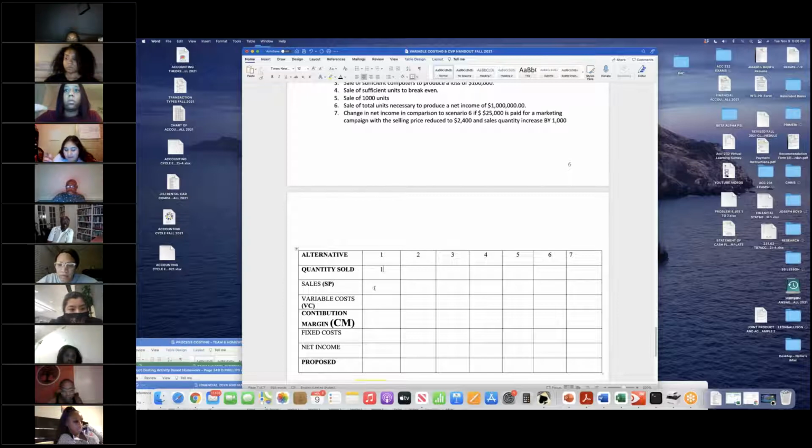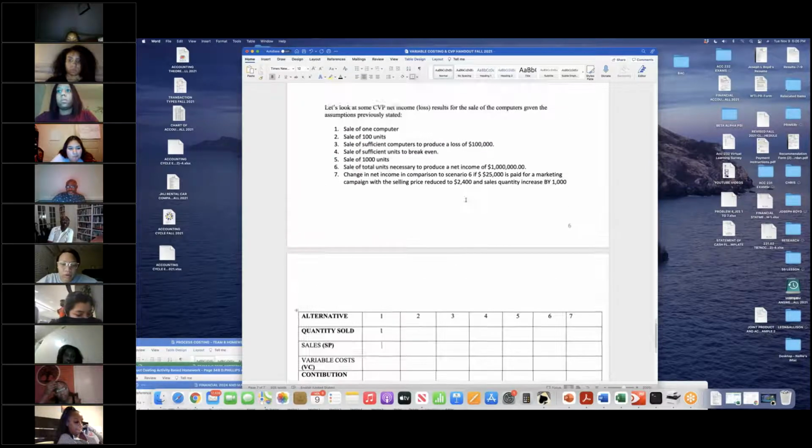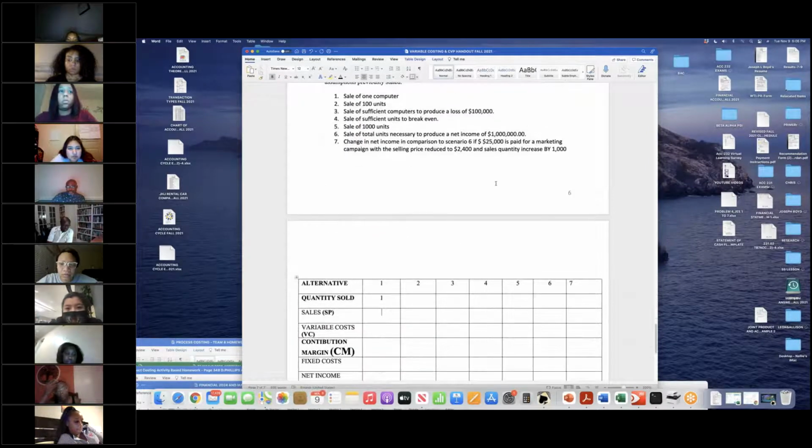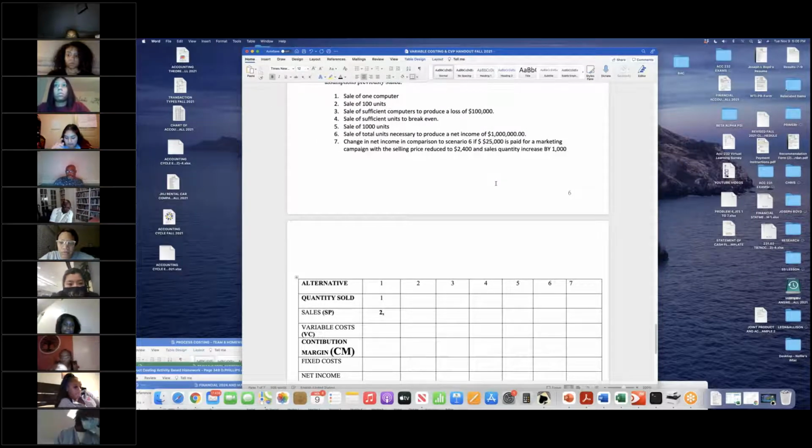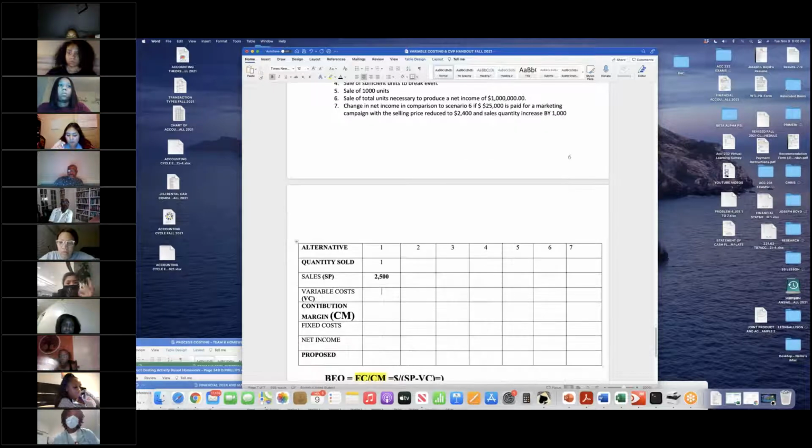What are we selling these computers for? $2,500. The variable costs are how much? 1,500. So the unit contribution margin is $1,000. That's always a big number we have to get.